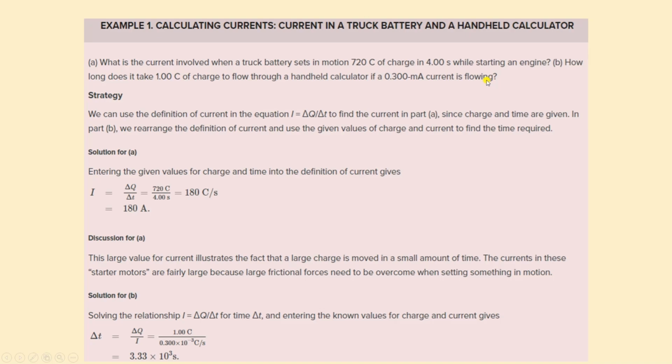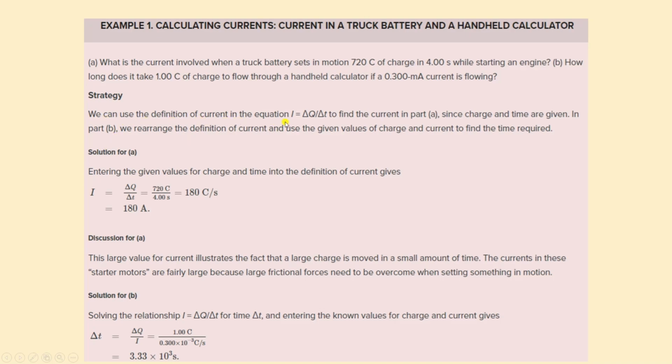There are two parts in this question. For the first part, the charge is given and the time is given.